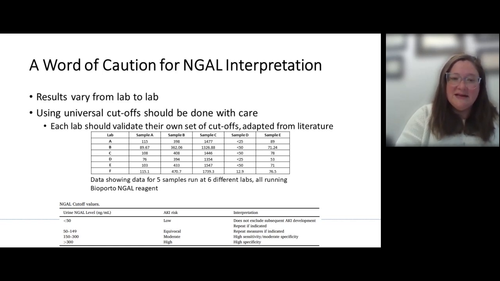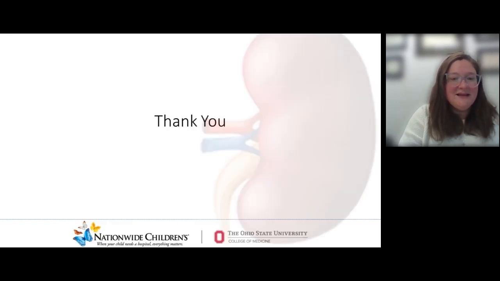When we implemented NGAL about 4 years ago, we worked with Cincinnati Children's and established how our assay ran compared to theirs. We saw that it was about 20% lower, and we therefore adjusted all of our cutoffs to about 20% lower than what is in the literature. That's it for me. Thank you so much, and we will open this to questions now.